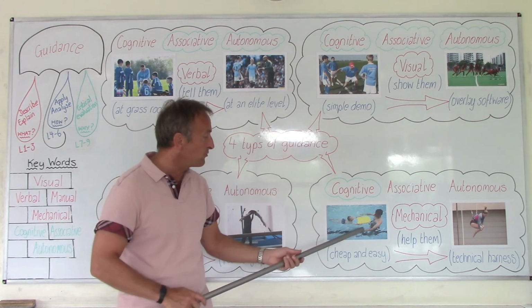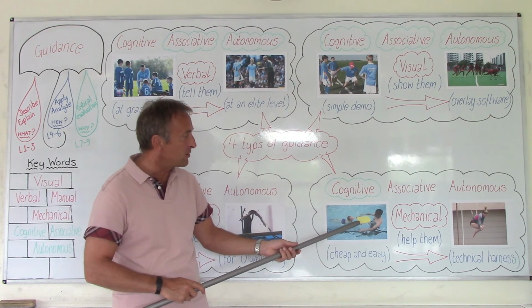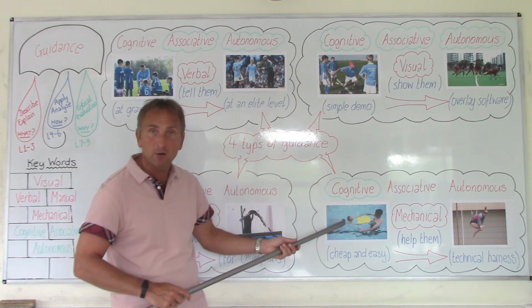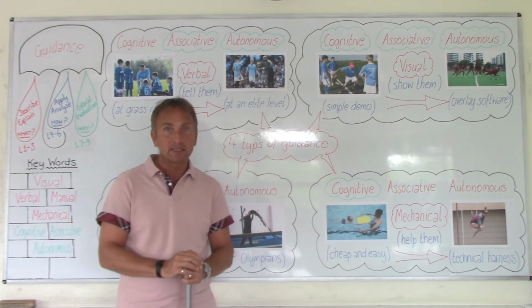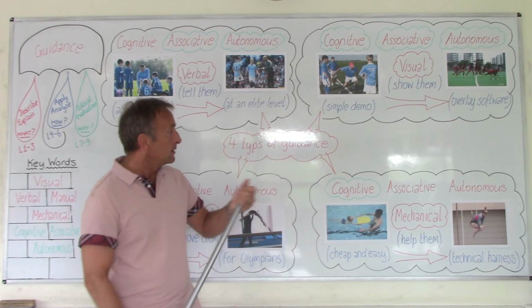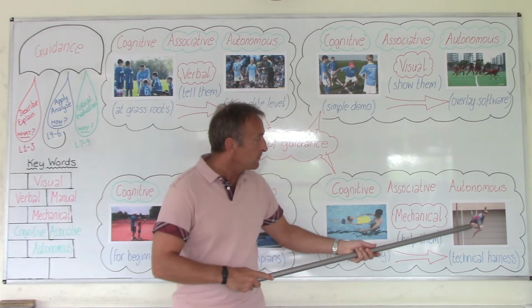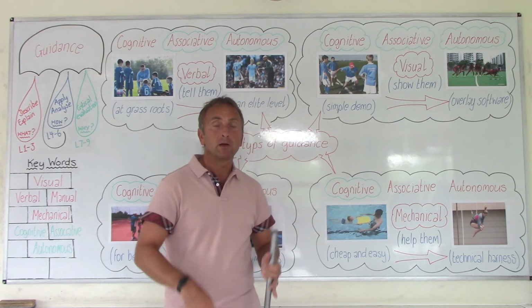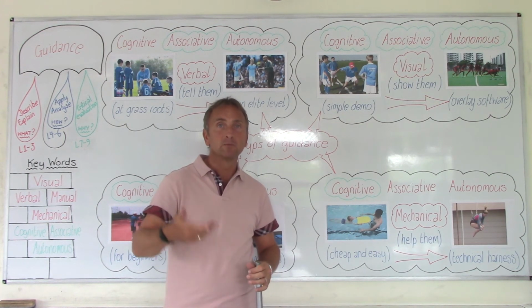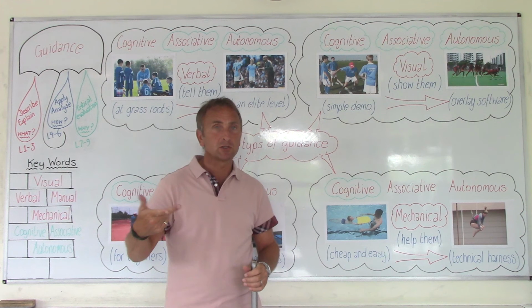So this simple float, a cheap and easy float in swimming, is something that's going to help this youngster get into the water and try and improve his skills. At an elite level is something like developing from basic jumps to somersaults.